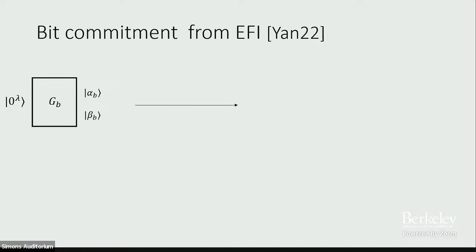The first thing is almost immediate. How would you commit? You have an EFI, so you just run G_b, where b is the bit you want to commit. You get this alpha, and the opening is going to be the beta, exactly that state that you didn't send before, and you could have measured or put aside, and now you need it for the opening.